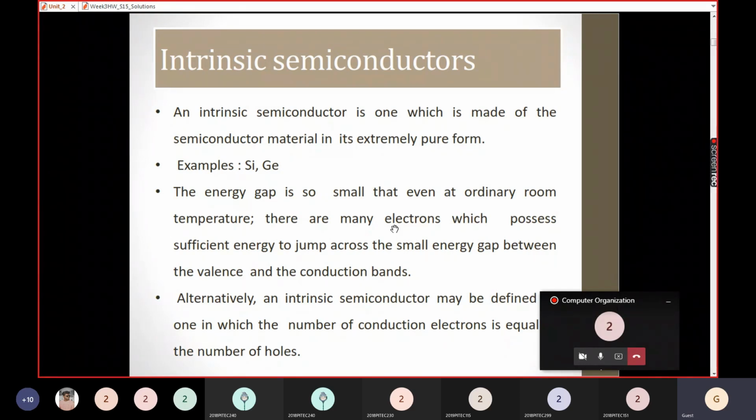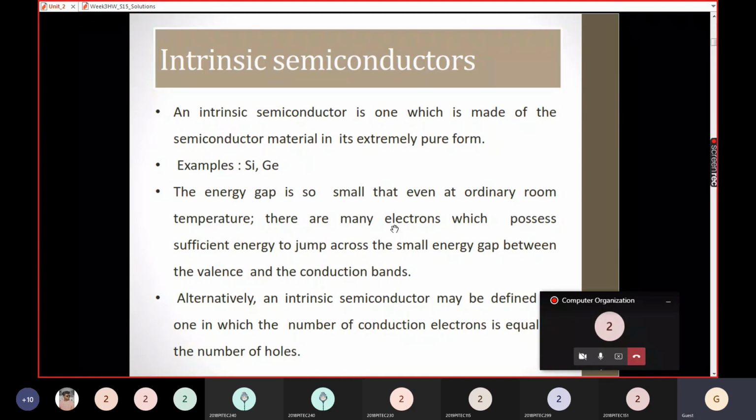This valence band and conduction band are also represented by the terms bonding and anti-bonding. Here the valence band is usually called bonding and the conduction band is usually called anti-bonding. So first check the energy gap for the electrons, how many electrons are present, whether all the electrons have sufficient energy to join the valence as well as conduction bands.